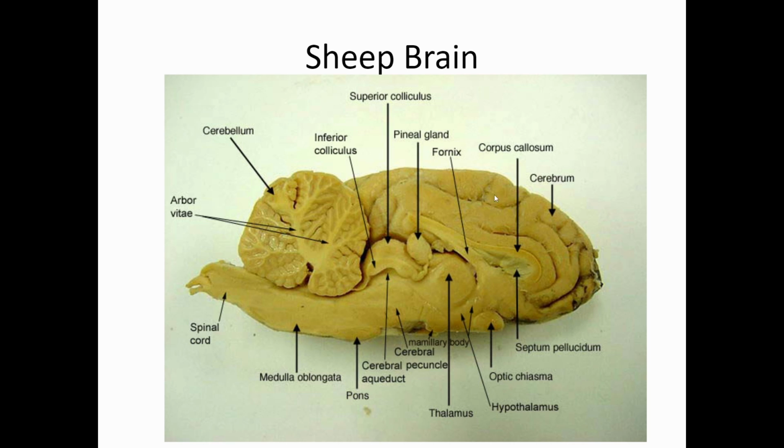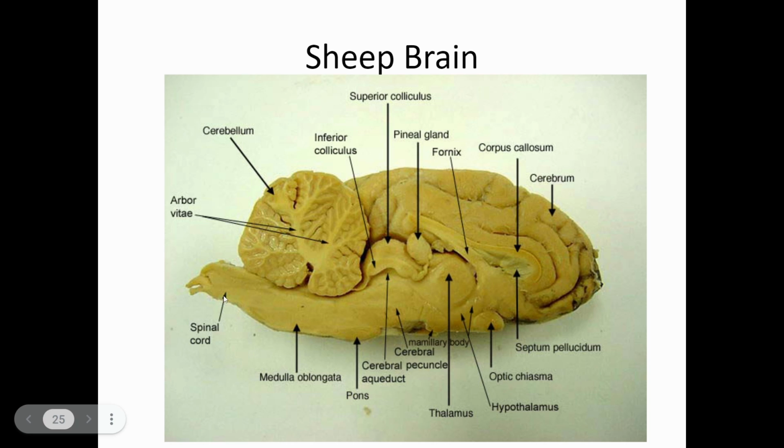The folded wrinkle shape, that's of the cerebrum. Then you have optic chiasma, hypothalamus, mammillary body, thalamus, cerebral peduncle, which is also part of the midbrain, just like the colliculi are, pons, medulla, and spinal cord.